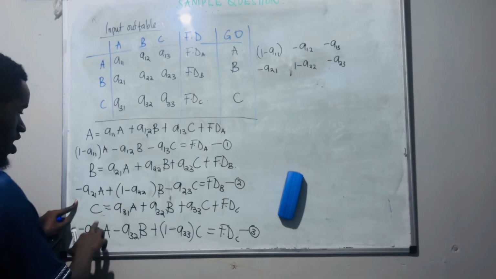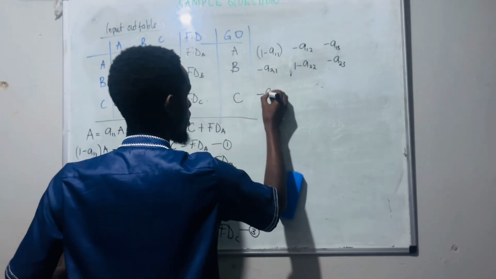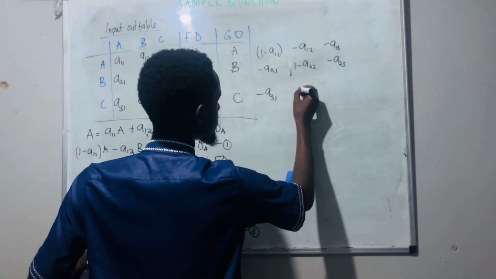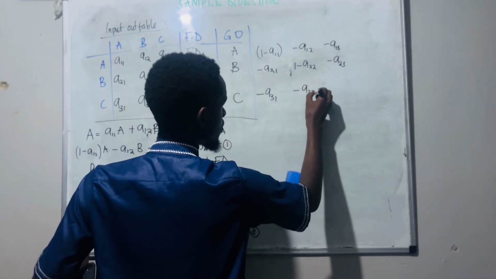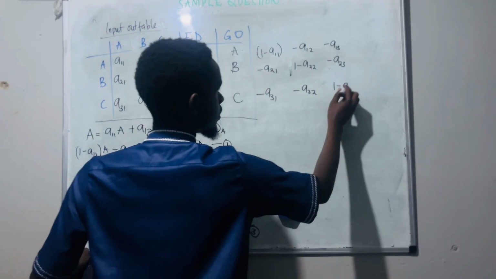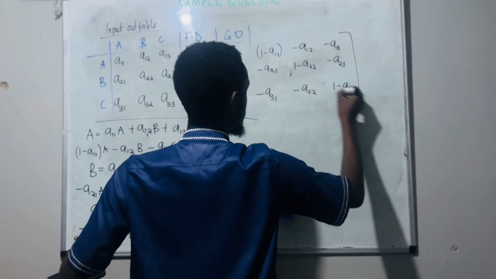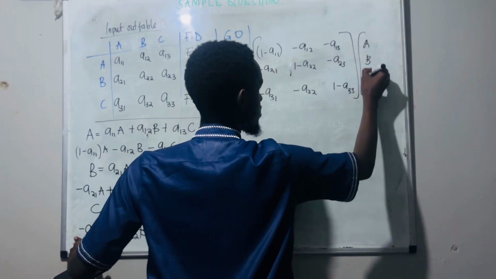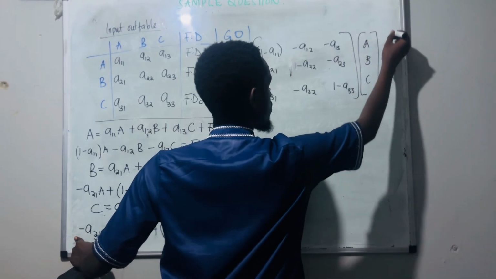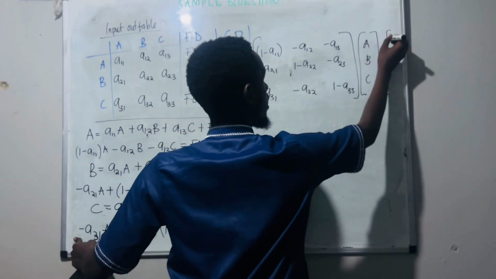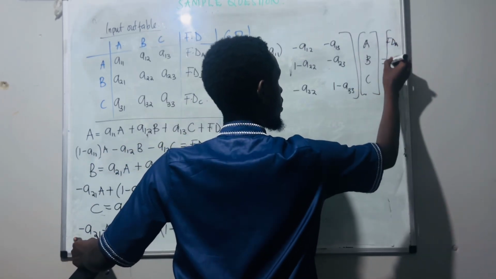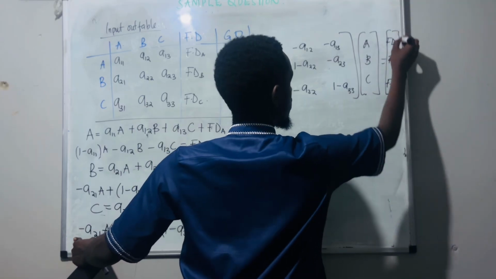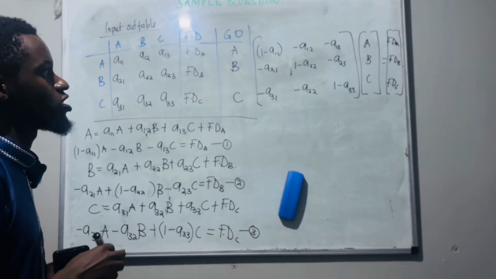Then in this equation I'm going to have minus A31, minus A32, then 1 minus A33, something like this, times my A, B, and C, equals the final demand matrix, which is FDA, FDB, and then FDC. I think, members, we are together on how I've got this matrix here.